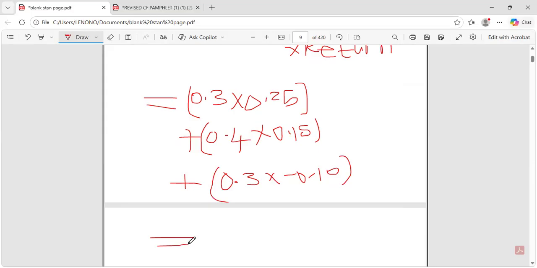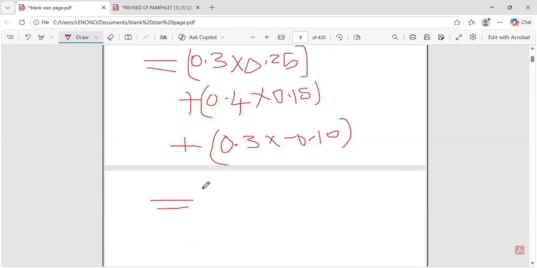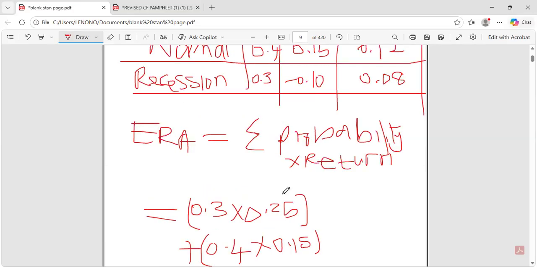So what are we getting now? 0.3 by 0.25 plus 0.4 by 0.15 plus 0.3 by negative 0.1 gives us 0.105. So this is our expected return of A.